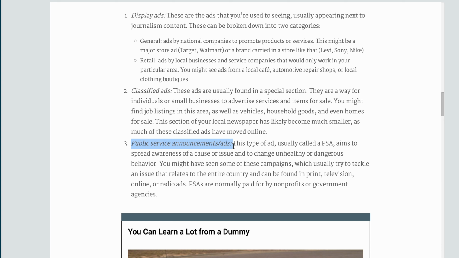What is it? It's called the PSA. It aims to spread awareness of a cause or an issue to change unhealthy or dangerous behavior. Like we all witnessed with COVID-19, how the government and non-profit organizations advertised products that are good for, maybe, having a stronger immune system, or the masks, or any of these things that we needed to use during COVID-19.